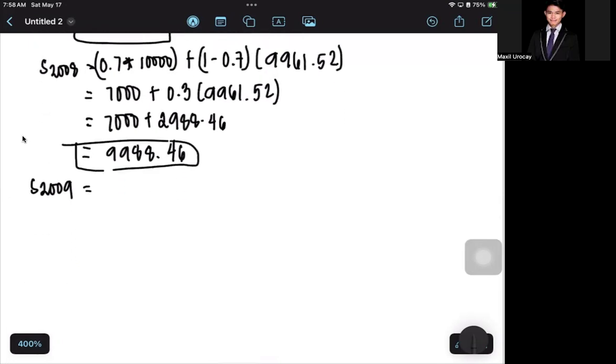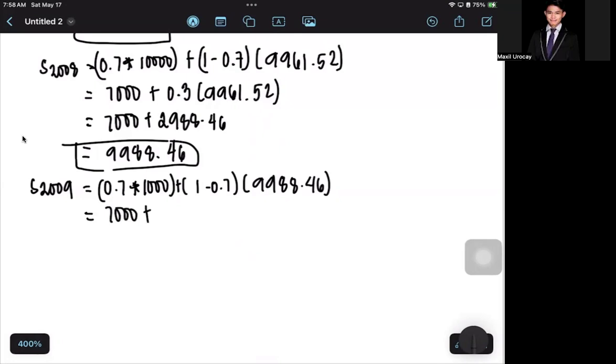For the year 2009, that is 0.7 times 10,000 plus 9,988.46. It will become 7,000 plus 0.3 of 9,988.46.